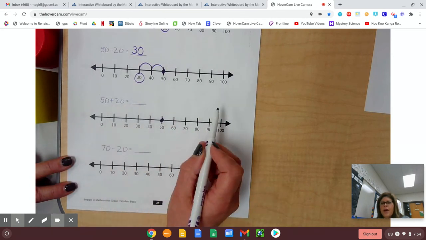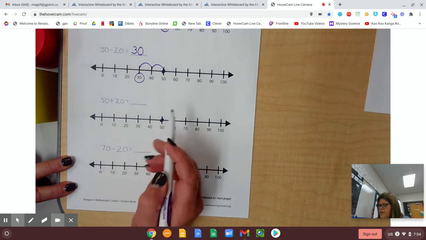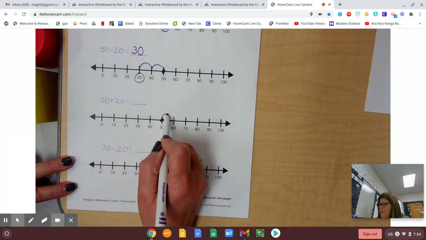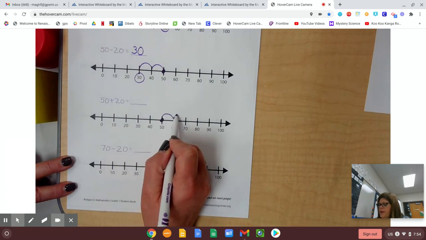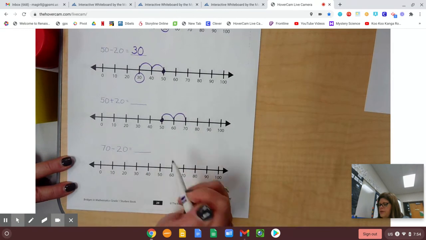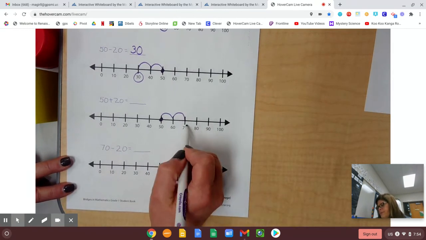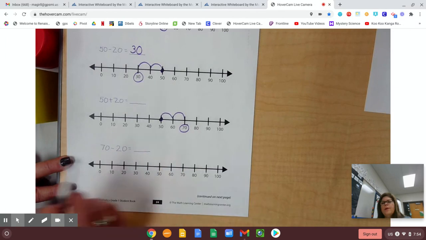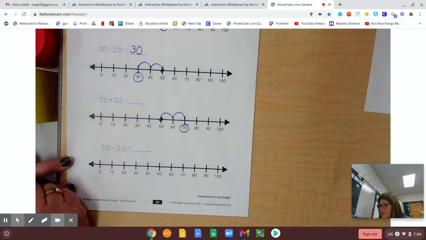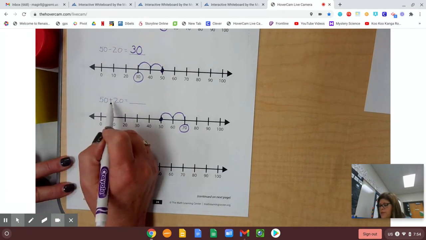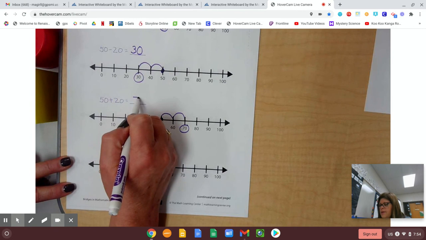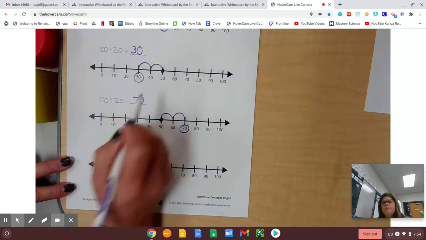We're adding on 20, so that's hop up 10 and another 10. That's 20 hops. Where did I land? We're on number 70. So 50 plus 20 equals 70.